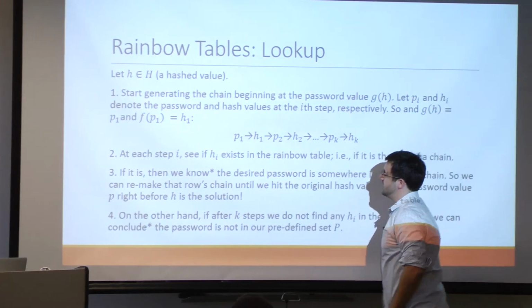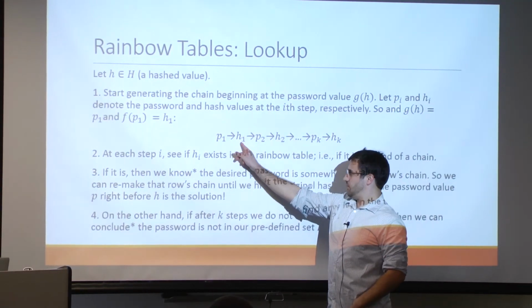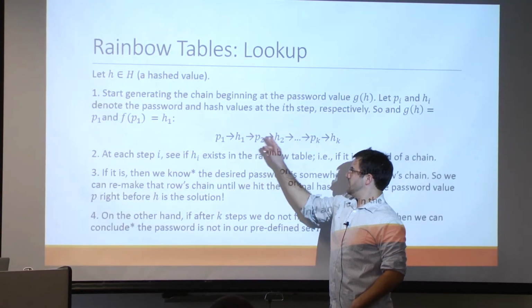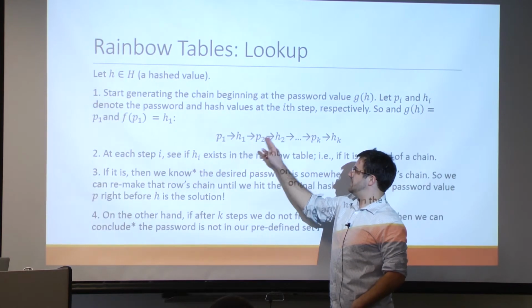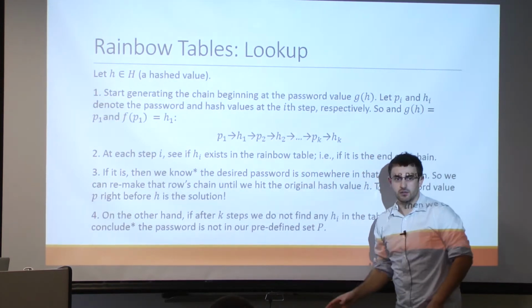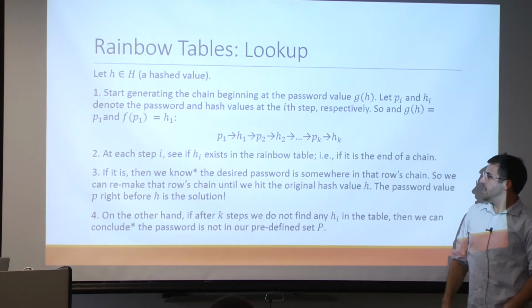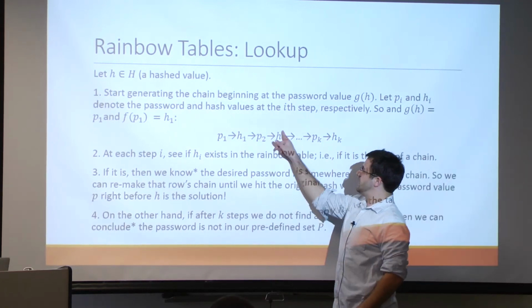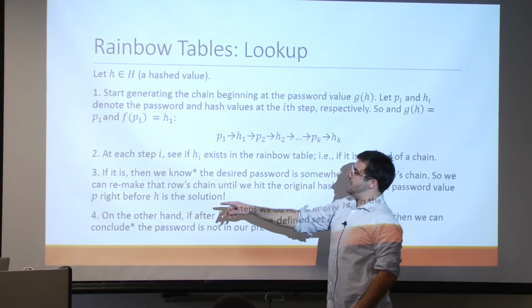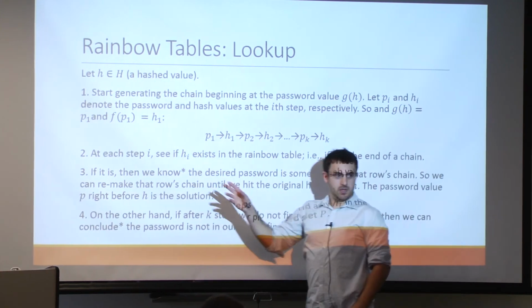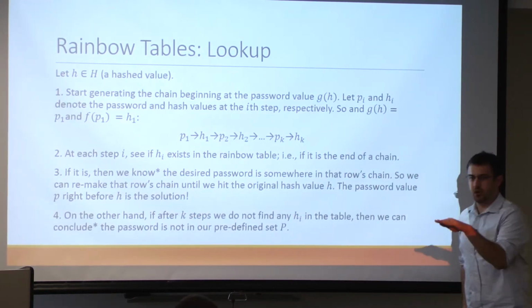The idea is that at each step, when you find the hash value, you look in your rainbow table and see if it exists in the second column of the final hash values. Suppose we have a hit. Suppose we calculate the second hash value, and it exists in the rainbow table at some arbitrary row.